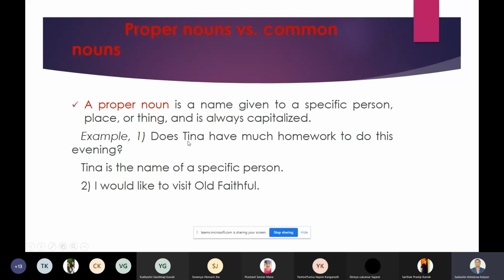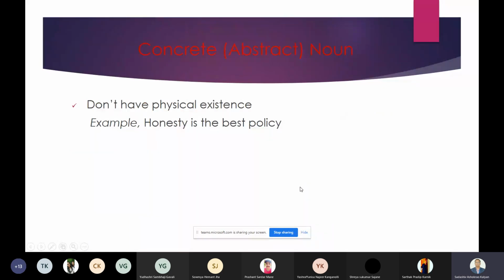For example, does Tina have much homework to do this evening? Here the word Tina is used as a noun, and it is considered a proper noun because it speaks about the specific Tina. Then, I would like to visit Old Faithful. Old Faithful is a specific place, which is specified to us. So that's why it is called a proper noun.